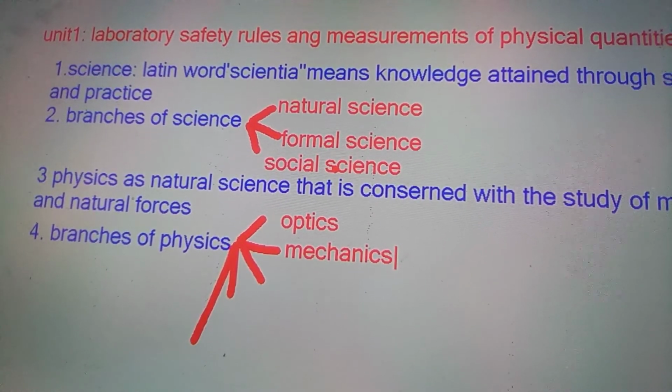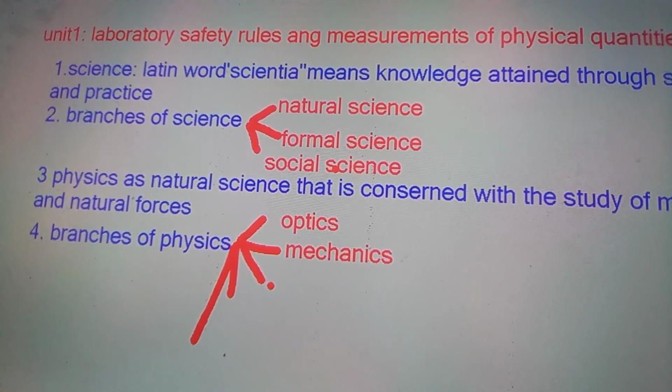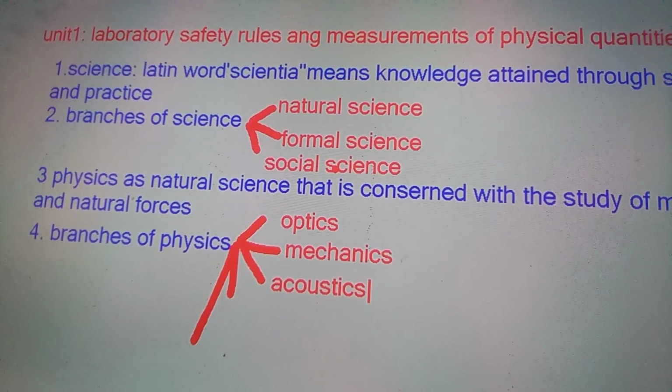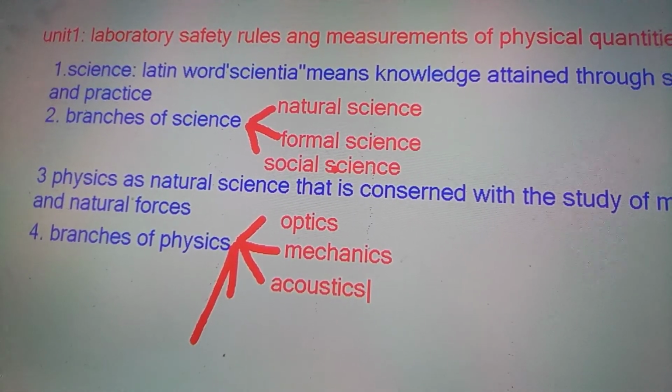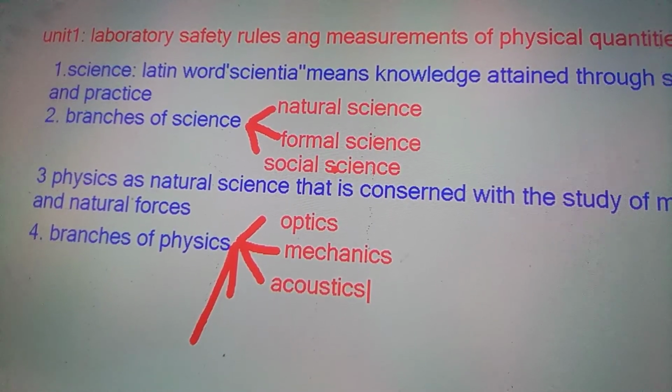We can also see acoustics, the branch of physics which studies sound and sound waves.